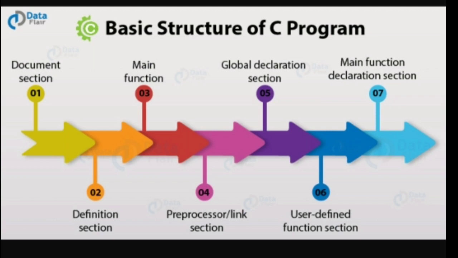In the definition section we have constants. For example, #define PI 3.141. In the above code we have created a constant PI assigned 3.141. #define is a preprocessor compiler directive which is used to create constants.